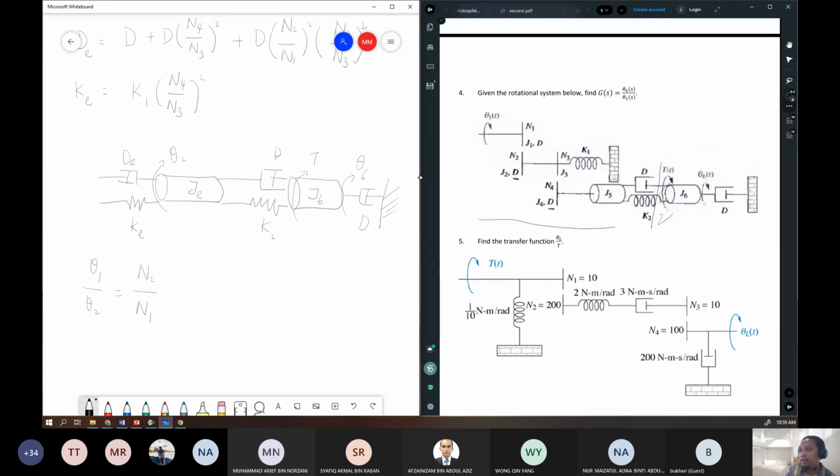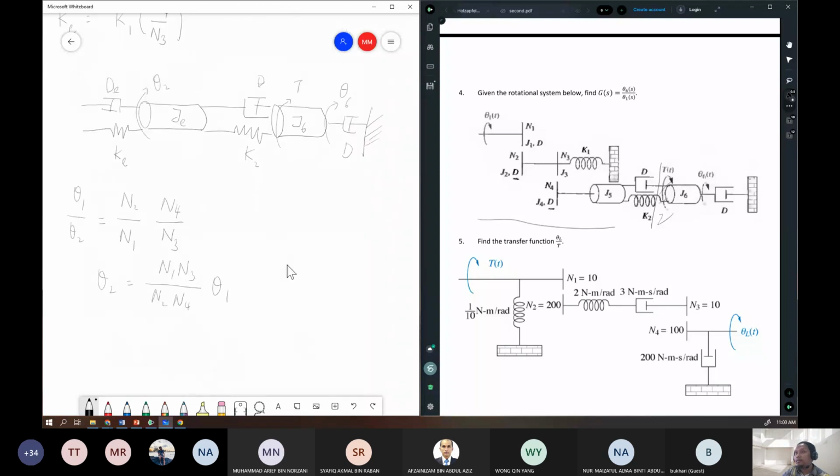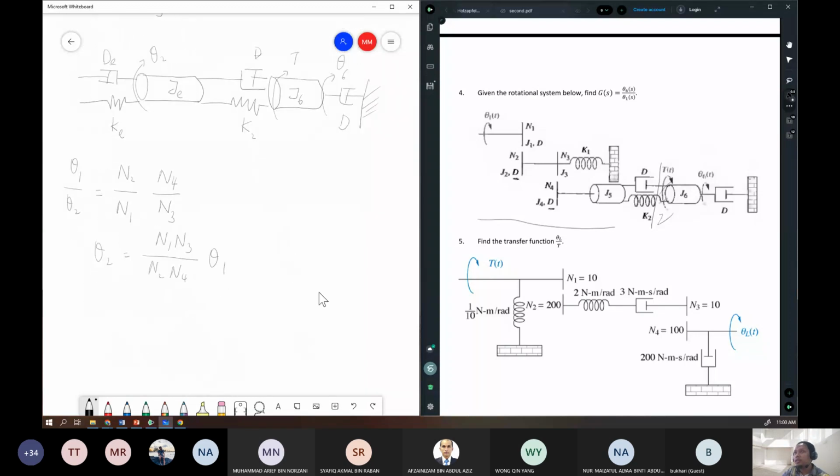So we have N2 over N1, and then multiply by N4 over N3. So theta 2 equals N1 times N3 over N2 over N4 theta 1. Okay, it's a long calculation.